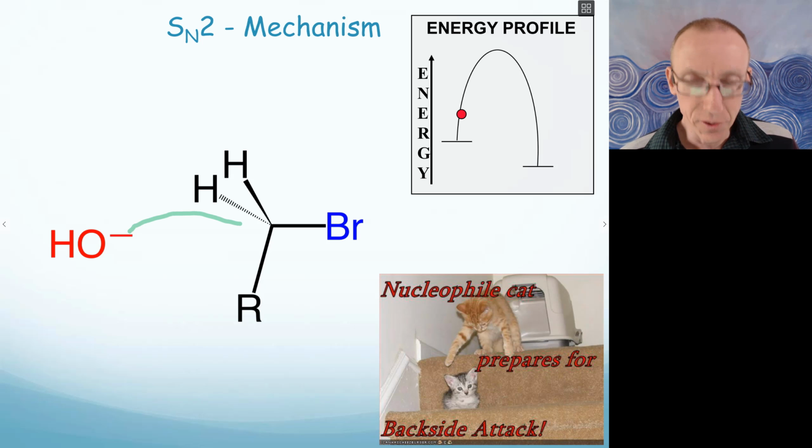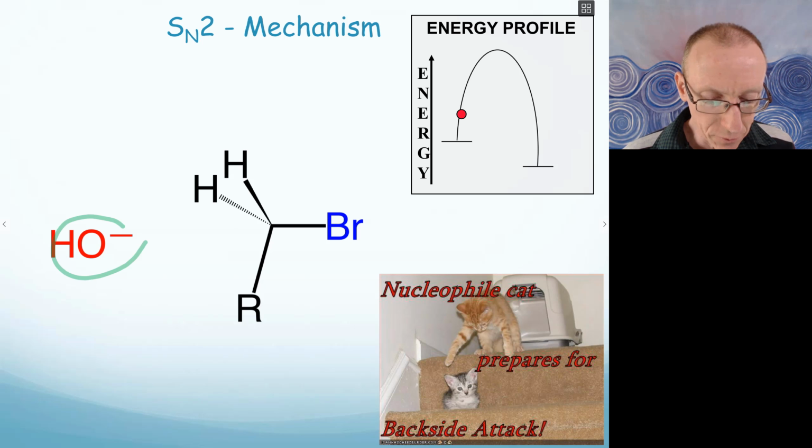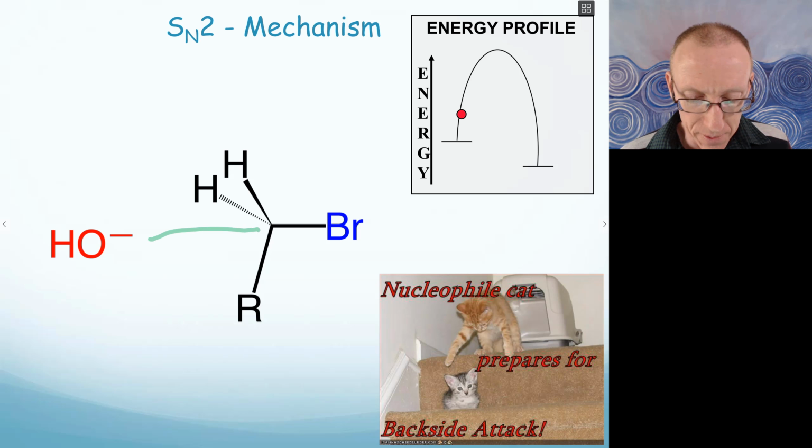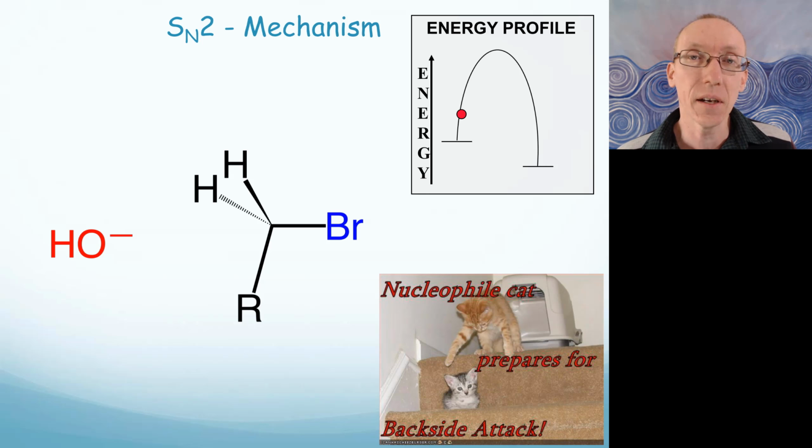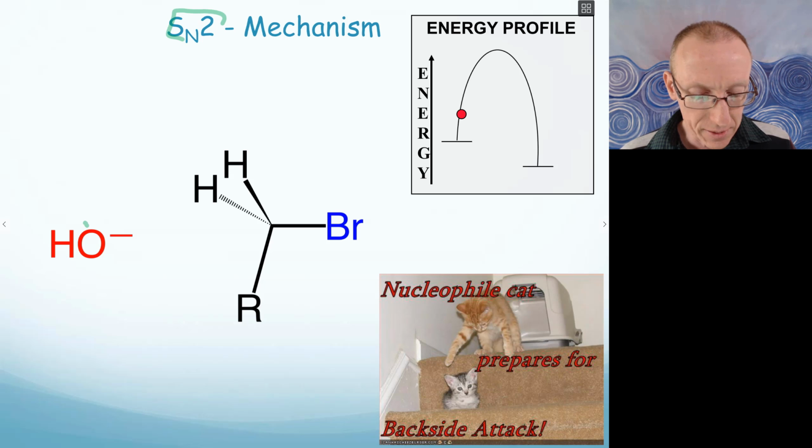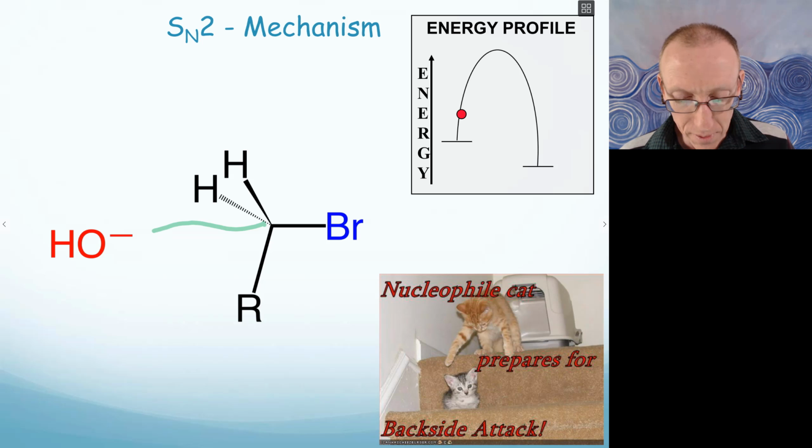As it comes closer, you'll notice that the nucleophile attacks from the opposite side of the molecule from the leaving group. So there's a 180-degree arrangement between the nucleophile and the leaving group, and this is what's known as backside attack. So we always, in an SN2 mechanism, have to have backside attack of the nucleophile on the carbon with respect to the leaving group.